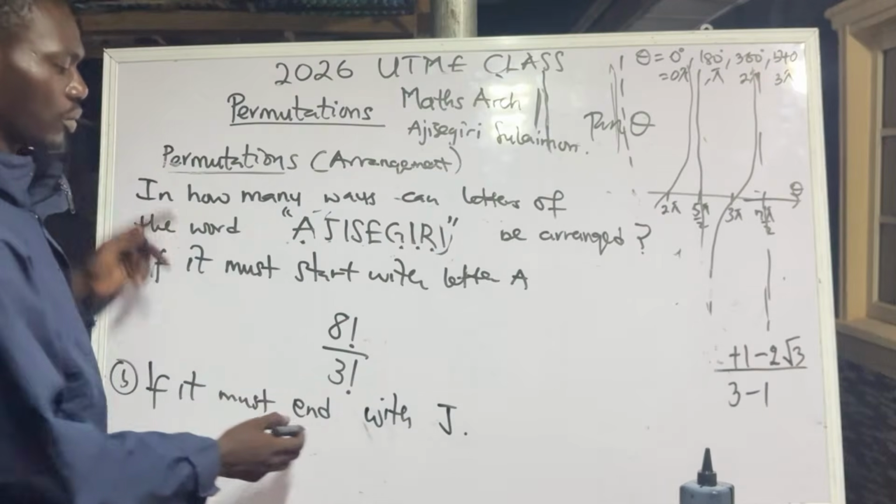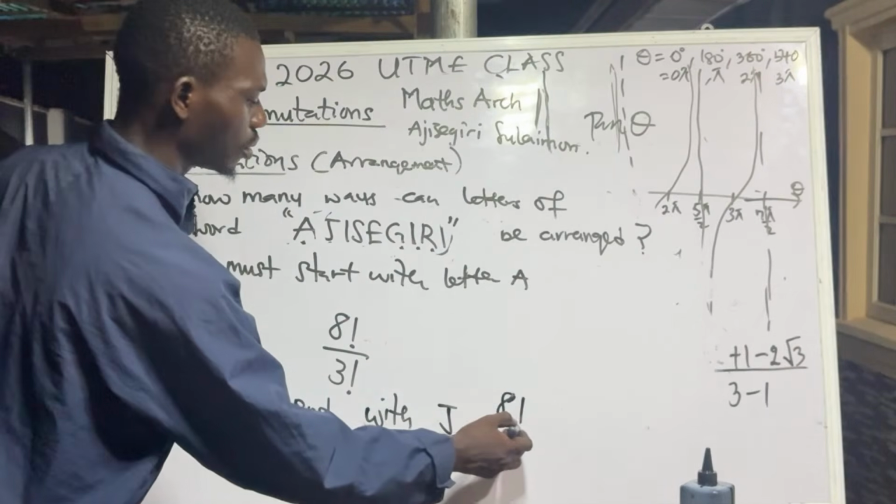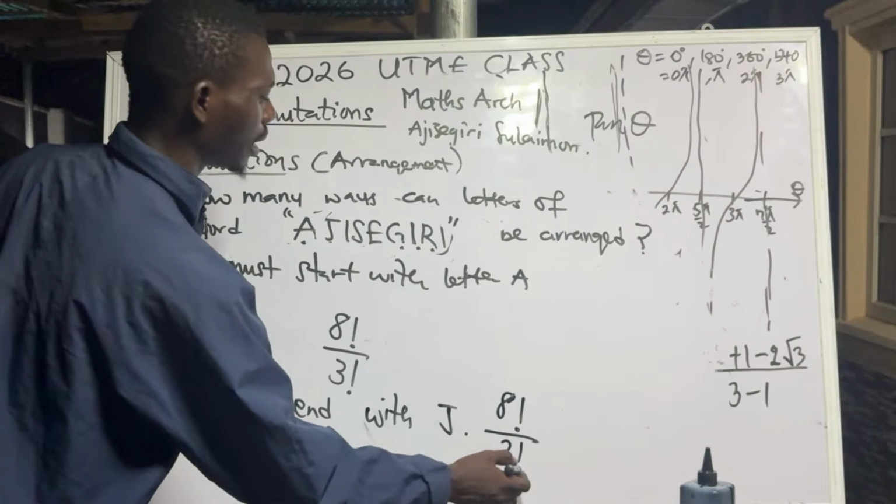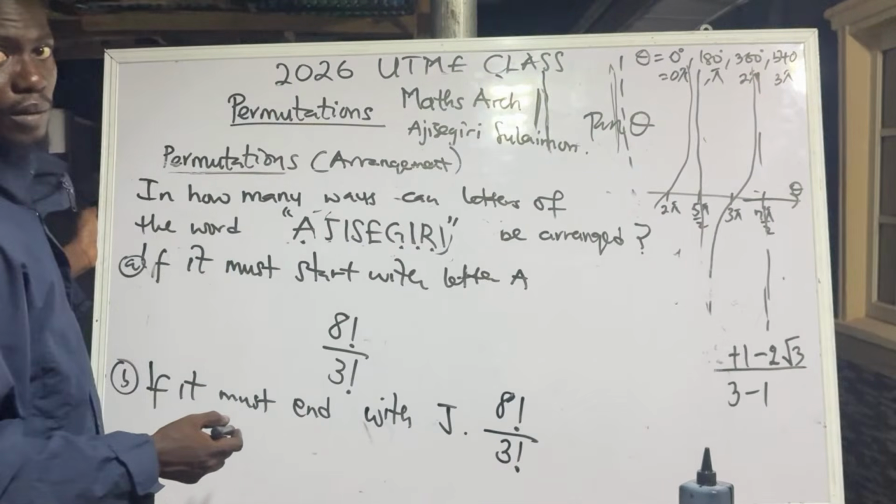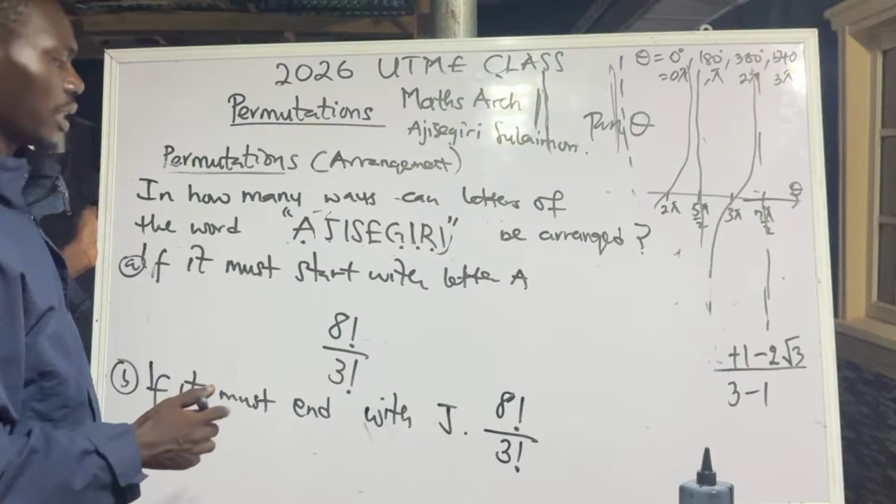So that one also is still 8 factorial over the I that appeared three times, 3 factorial.